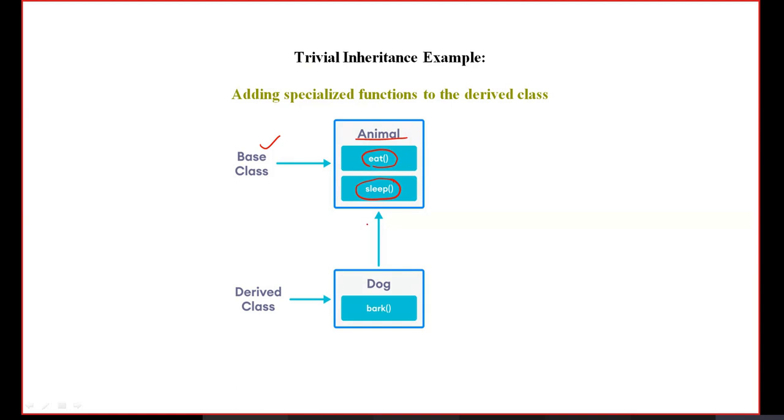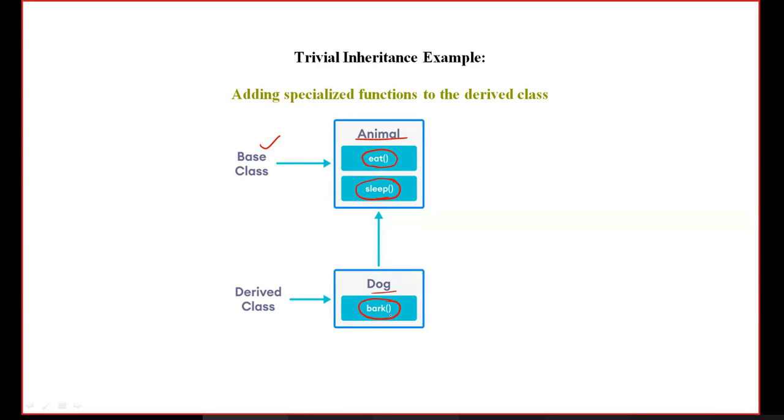Now, the moment we are deriving a new class called dog, which is nothing but an animal, along with the common functions like eating and sleeping common amongst all the animals, we have some specialized functions for the dog specifically, that is nothing but barking, right?